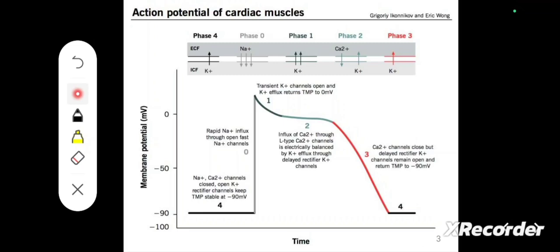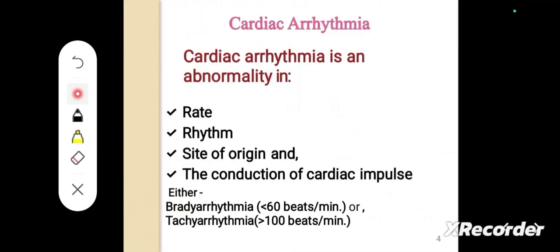for the contraction of the ventricles. Now next, looking toward abnormality, or cardiac arrhythmia. Cardiac arrhythmia is an abnormality in rate, rhythm, site of origin, or conduction of the cardiac impulse.